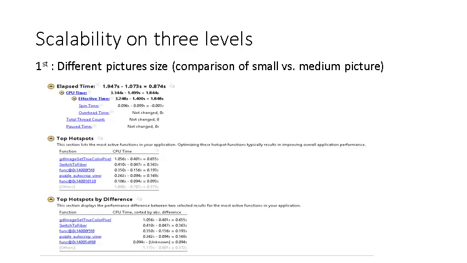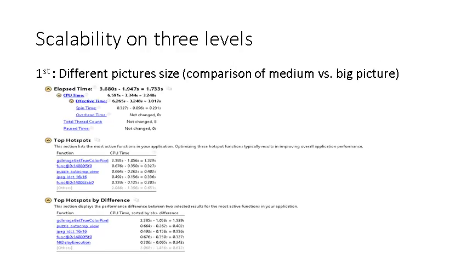If we make another comparison, big picture versus medium picture, here we can show that for the big picture the difference between CPU time and elapsed time is actually less than 3 seconds, and here, as we said before, 1 second. So if we increase the picture size, we have a more winning strategy from our scalable solution.